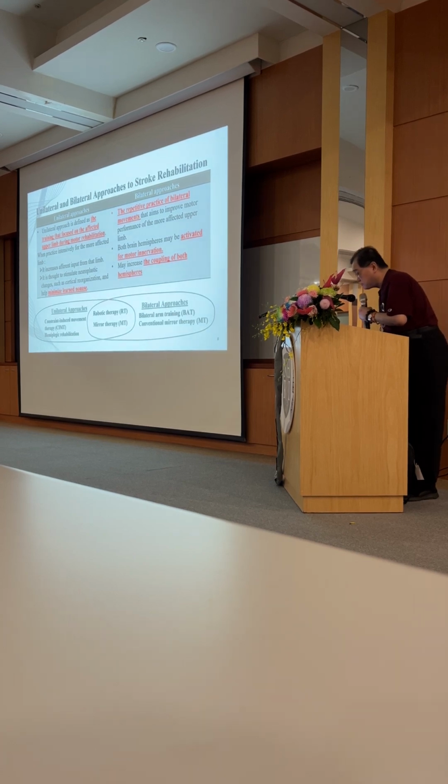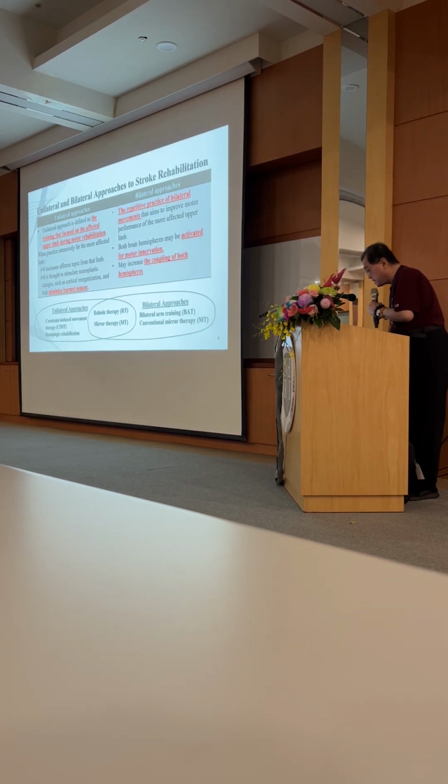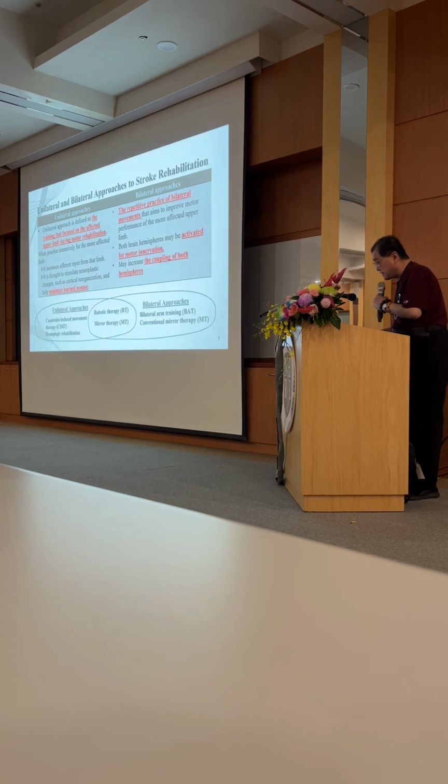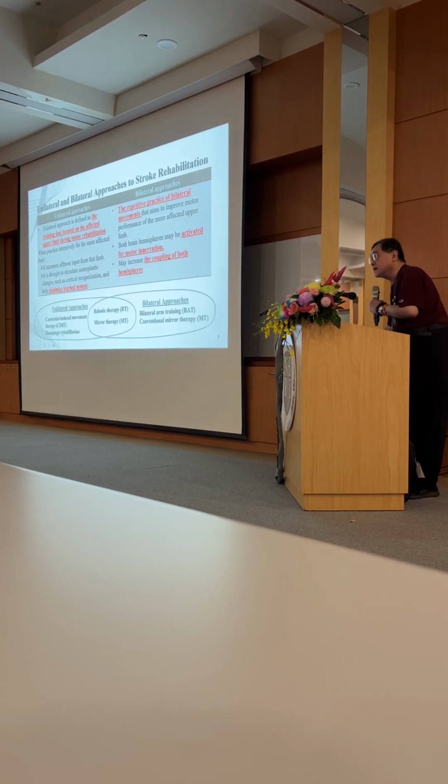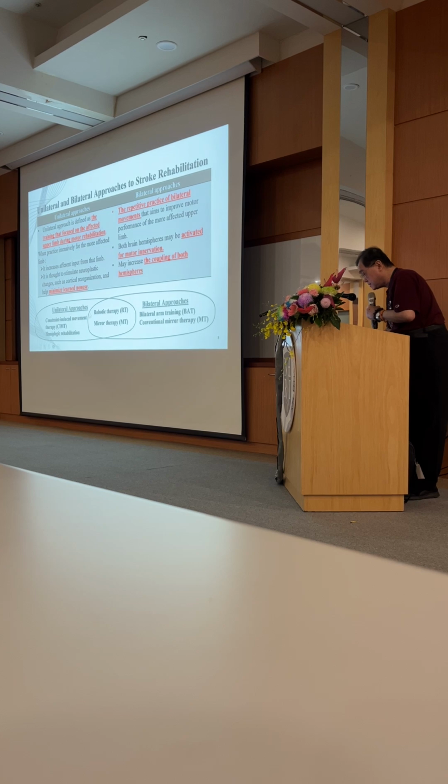The bilateral approach refers to repeated practice of bilateral movements by the upper or lower limbs during practice. It might be used to activate motor innervation in the brain and allow the coupling of both hemispheres to foster recovery from stroke. Examples of unilateral approaches include constraint-induced therapy, hemiplegia therapy.